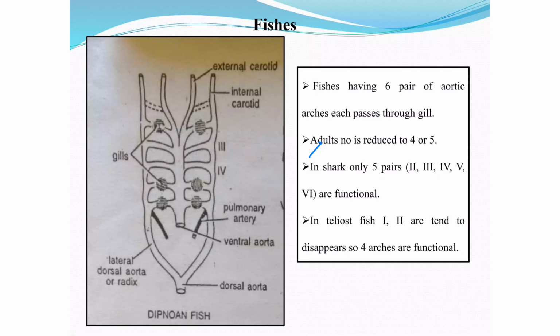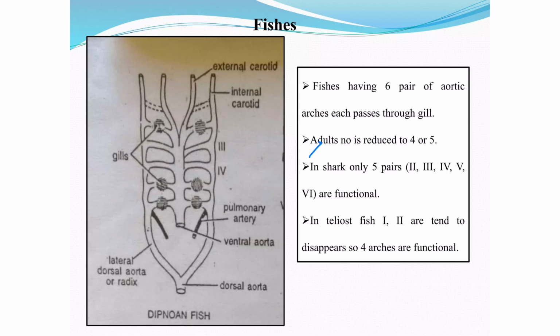The two lateral dorsal aortae unite just behind the pharynx to form a single median dorsal aorta, which continues behind into the tail region as the caudal artery. From the dorsal aorta, paired and unpaired arteries arise which supply various organs of the body.